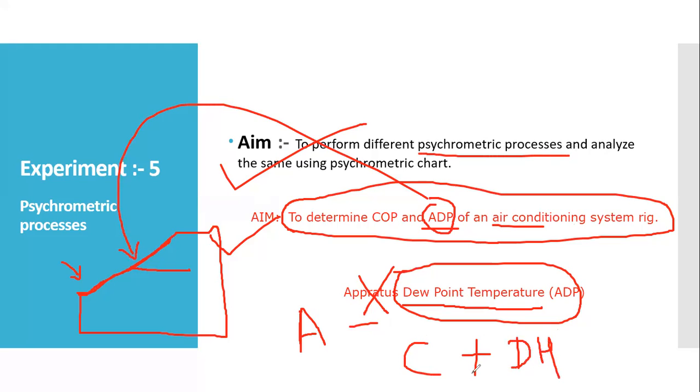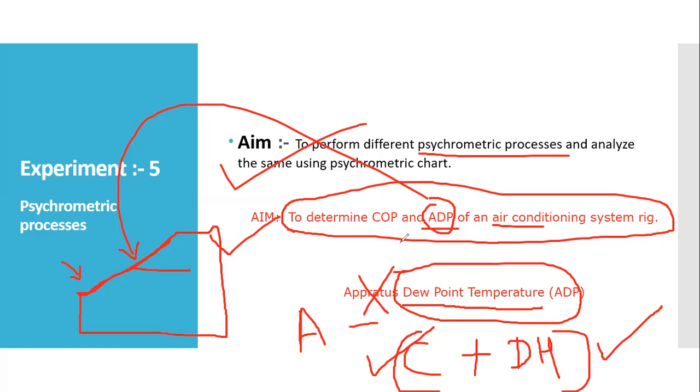This is always happening in your air conditioning system, whether it is a window AC, split AC, or central AC. Whenever you switch on your AC, one process is happening, and that is nothing but cooling and dehumidification. So we want to find out the temperature as ADP.